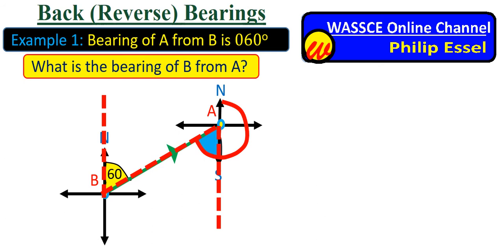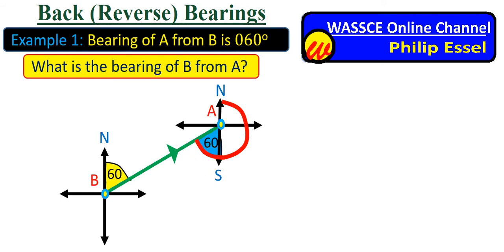This means that the blue angle is also 60 degrees. How do we measure the angle between the north pole of the point A and the green line? This is very simple. All we need to do is to add 180 degrees to 60 degrees.